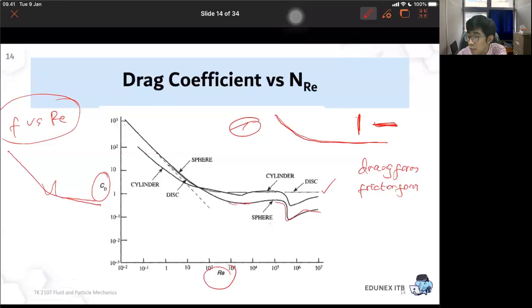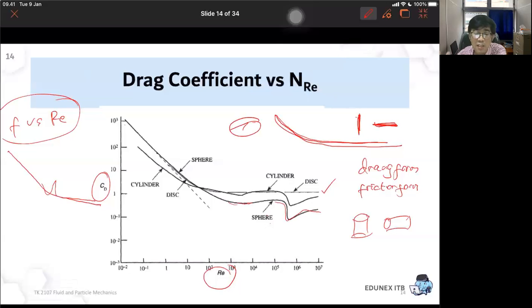But for the other one, for the sphere or maybe for the cylinder, you can have this kind of geometry, so it gives a different influence to the fluid depending on the Reynolds number. So the correlation is not just like this one.